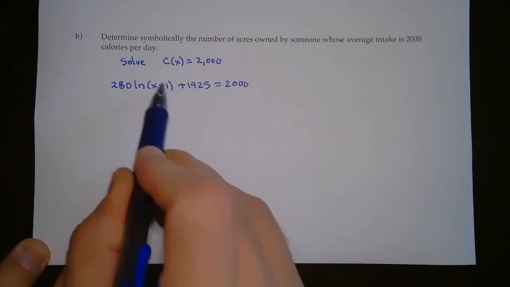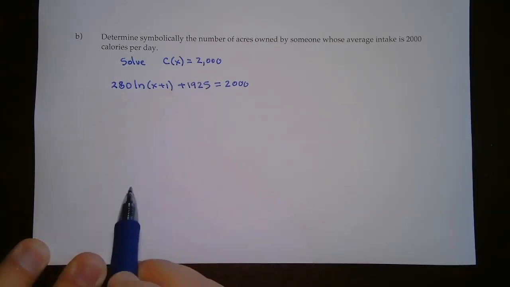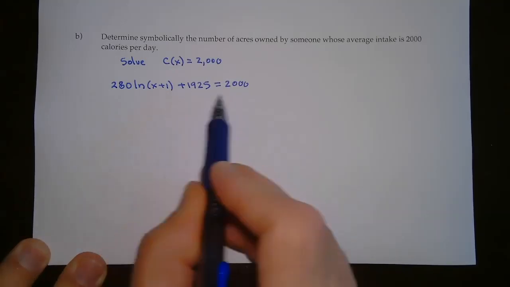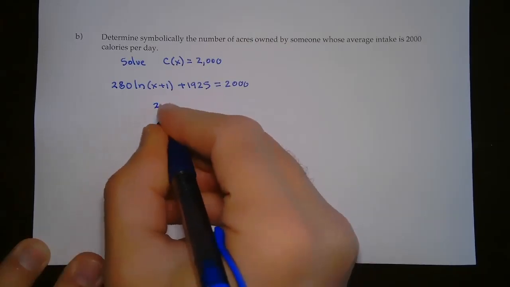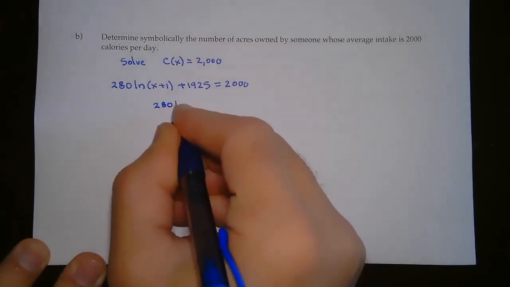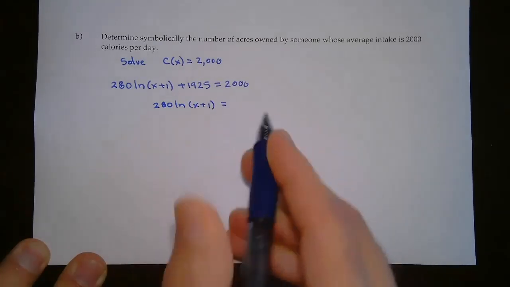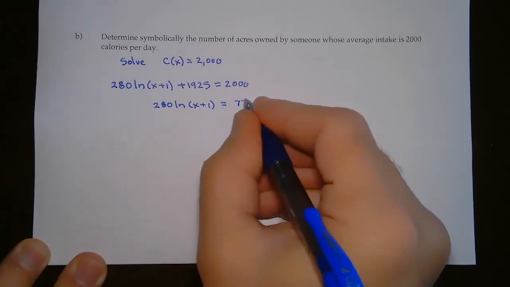But before I get to the natural log, I got to get to the 280. I need to get rid of this plus 1925 first. So to do that, the simplest way is just to subtract 1925 from both sides. So that would result in 280 the natural log of x plus 1 is equal to, and then 2000 minus 1925 is just 75.